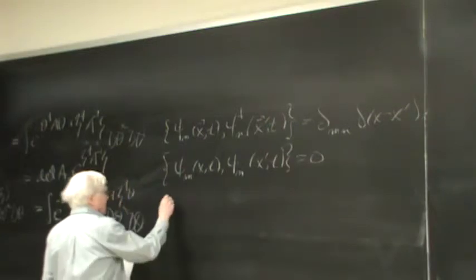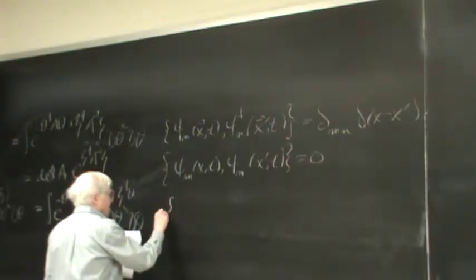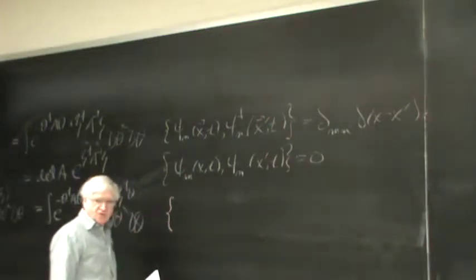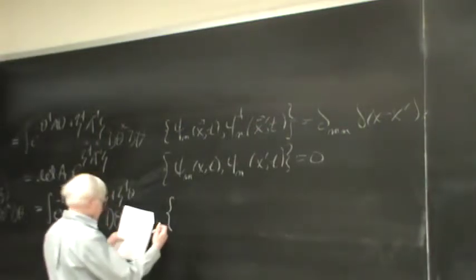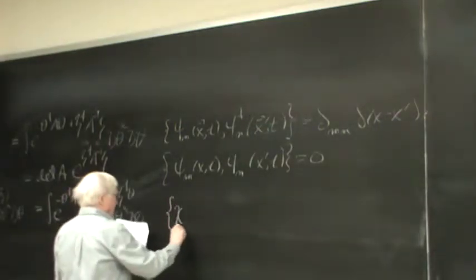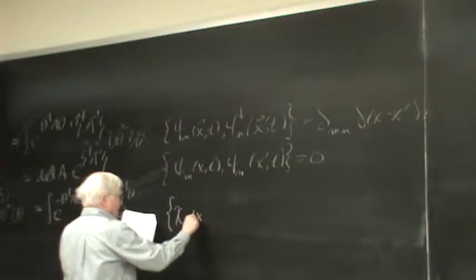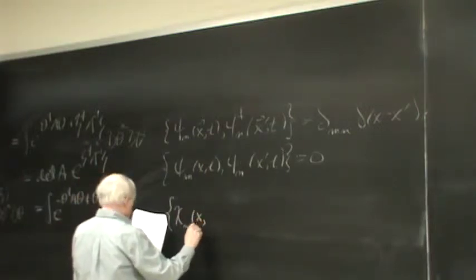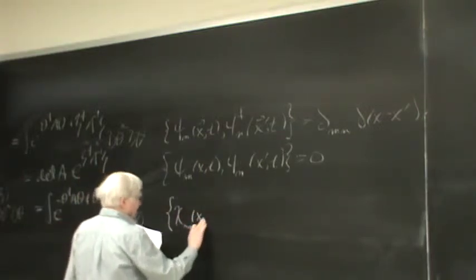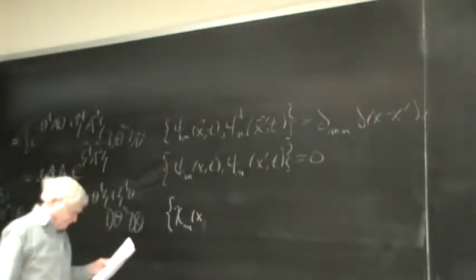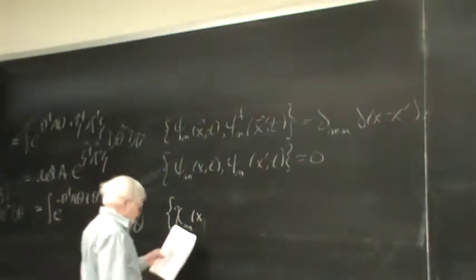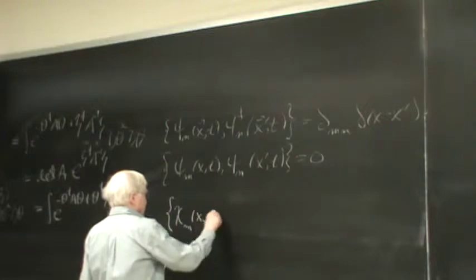Okay, we'll also have, of course, some new Grassmann variables. You see how much better the chalk is. This is the Mexican chalk. Chi m of x. And now I'm thinking of this as, well, I guess we can put a t in there.